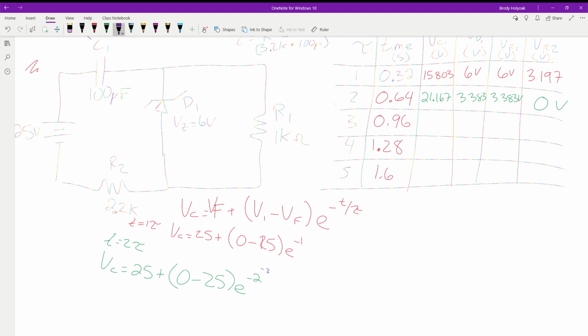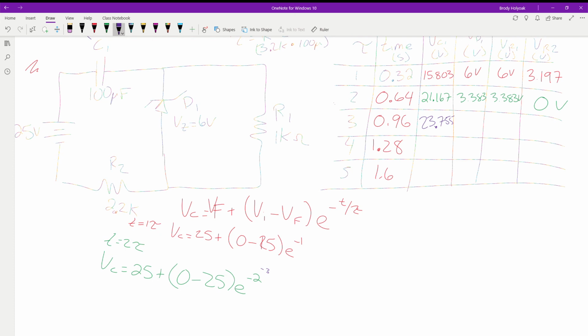For the third rung, 23.755 volts across the capacitor.